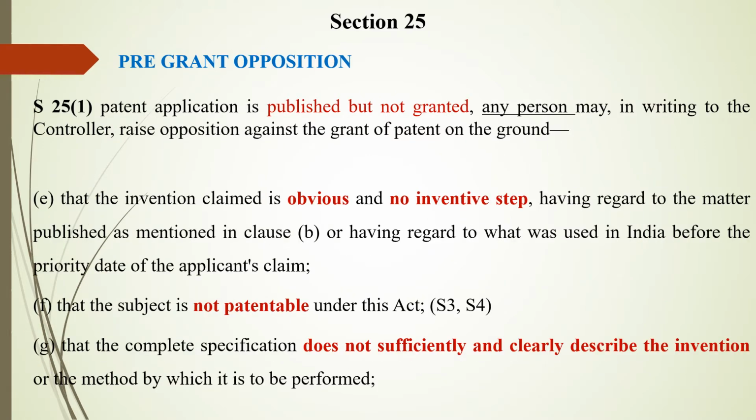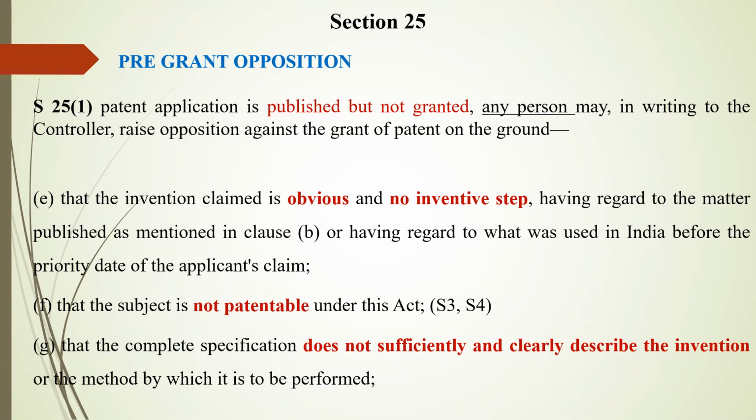Next ground, E. The invention claimed is obvious and has no inventive step, having regard to the matter published as mentioned in clause B, or having regard to what was used in India before the priority date of the applicant's claim.